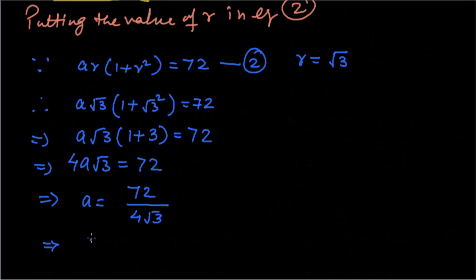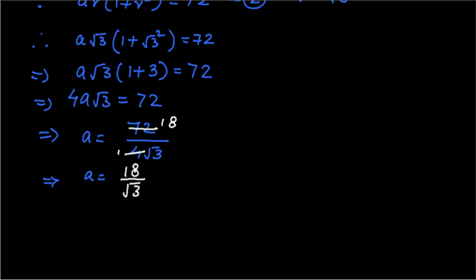This implies A is equal to 18 by root 3, since 72 divided by 4 is 18.